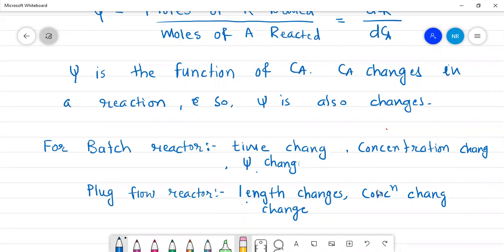So ultimately in a plug flow reactor, the instantaneous fraction yield depends on the length.